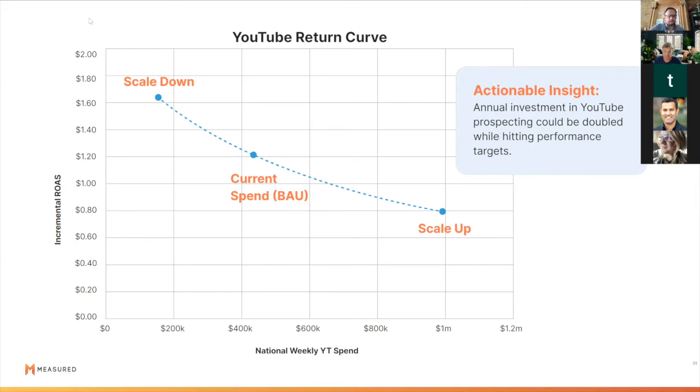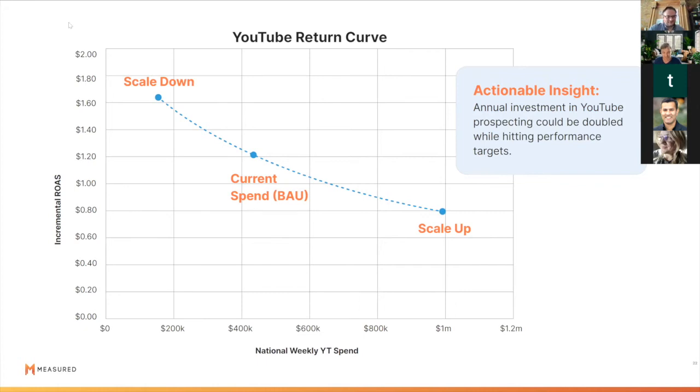And then we pushed real hard. We pushed real hard because that's kind of the point of a scale test. You might as well see how far it goes, as long as you have the budget to do it. They simulated over $50 million of annual YouTube prospecting spend, which theoretically would make them one of the biggest advertisers on YouTube. And they found a really, really surprisingly high ROAS at that level.